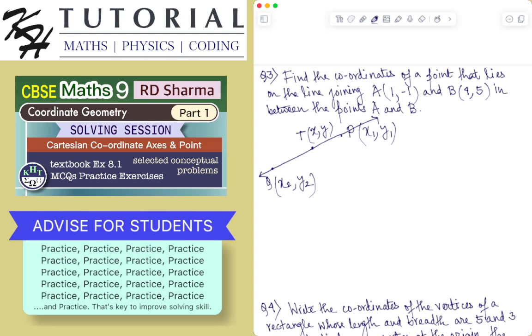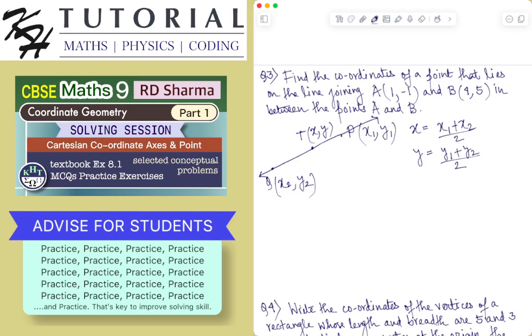Then x will be the mean of the abscissa of the points P and Q, that is the average, x1 plus x2 divided by 2, and y will also be the mean of the ordinates of the points P and Q, that is y1 plus y2 divided by 2.